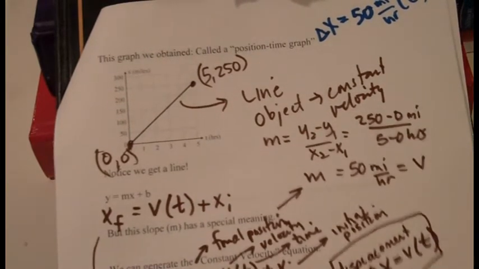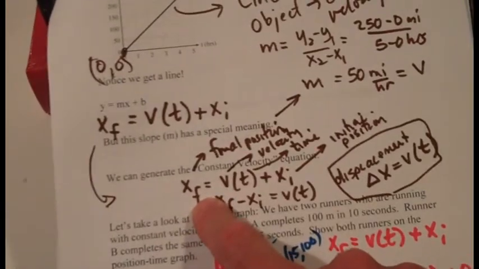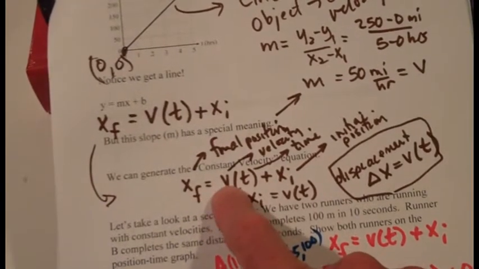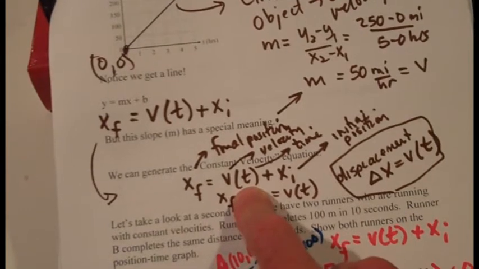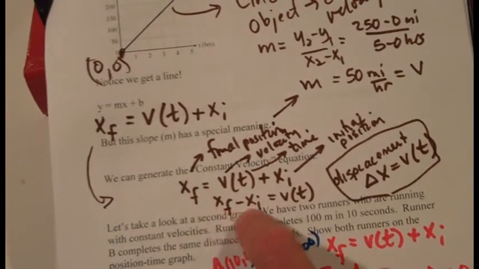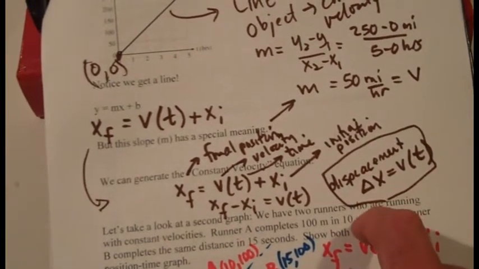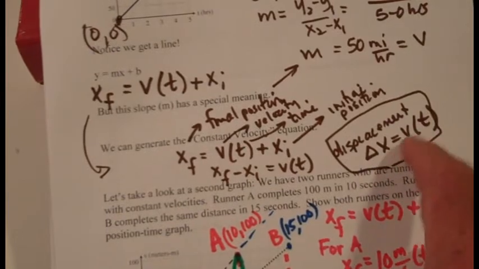The general nature of this equation is the final position equals the slope, or the velocity, times t plus the initial position. We can bring this to the other side, and xf minus xi represents displacement. So we have delta x equals vt.